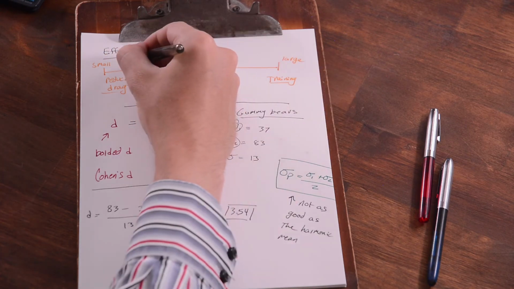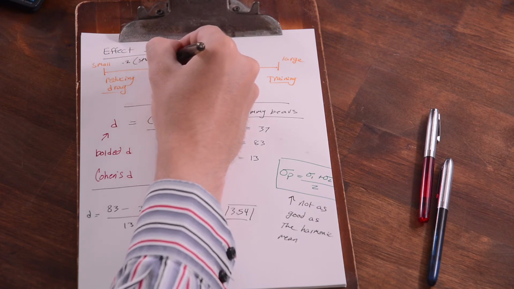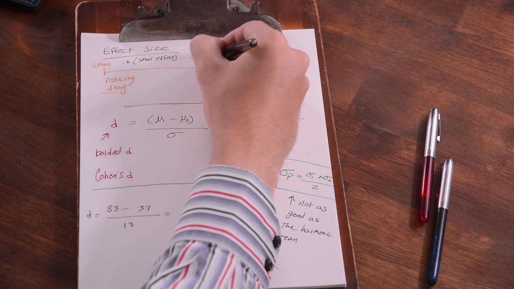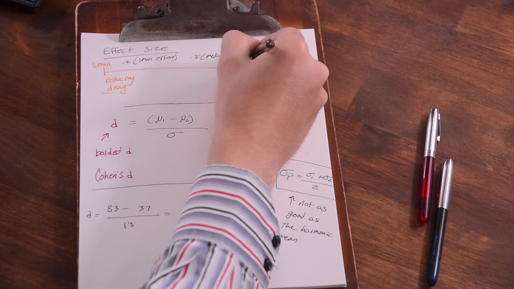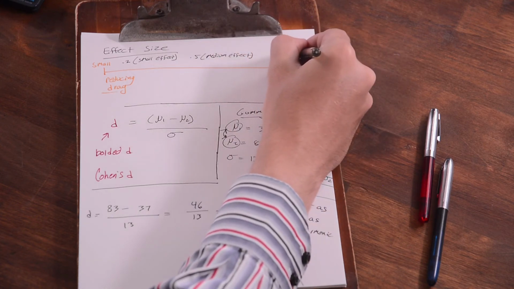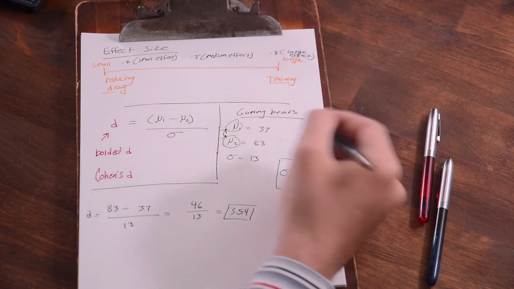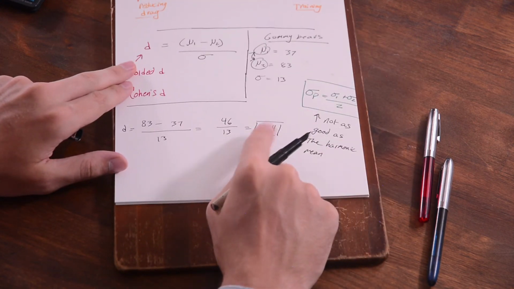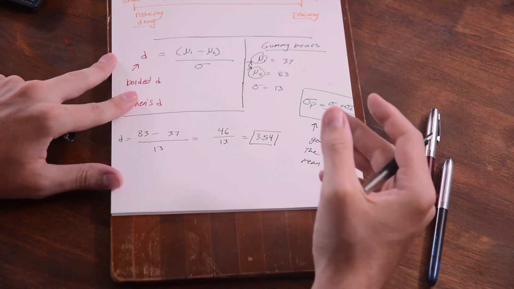So this is our small effect. 0.5 is seen as a medium effect, and 0.8 is seen as a large effect. So having an effect size of 3.54 is massive. It's so large as to be obvious.